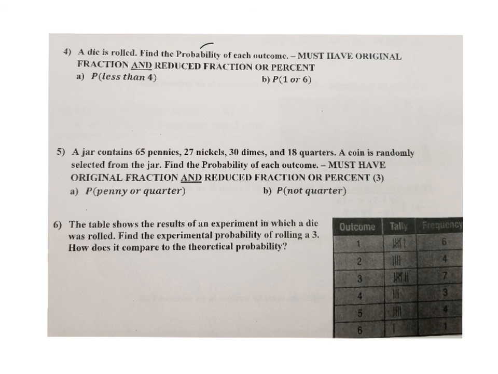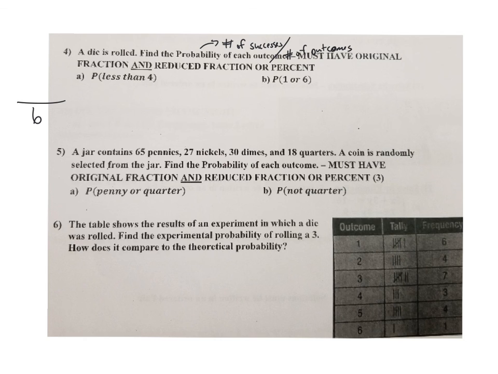Our probability is going to be the number of successes of an outcome. The number of successes over the number of outcomes. Alright, so number 4, we know the total number of outcomes is going to be 6 when you roll a die.